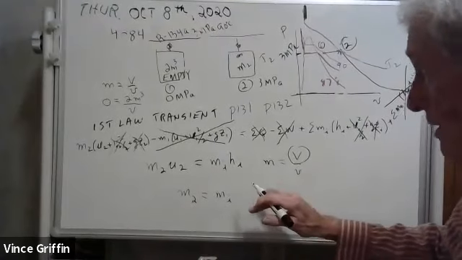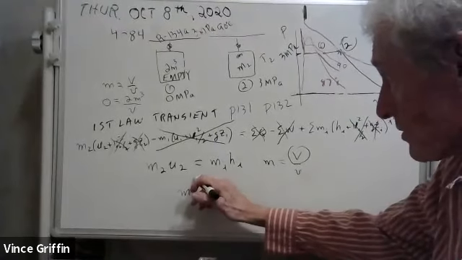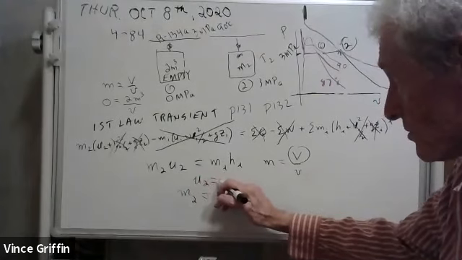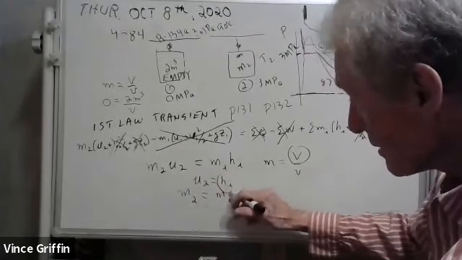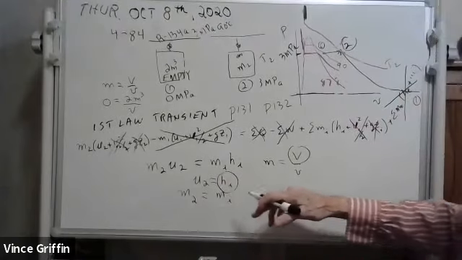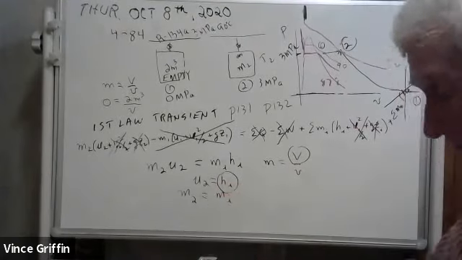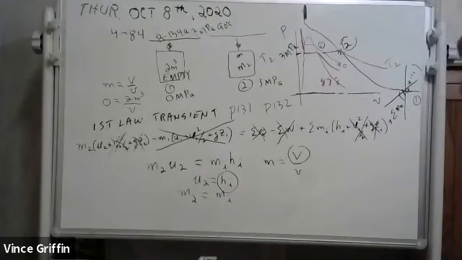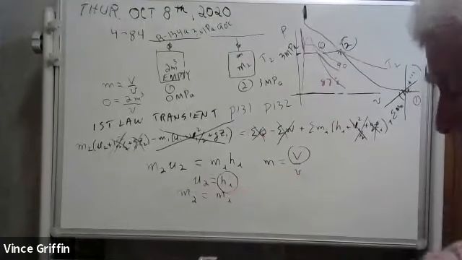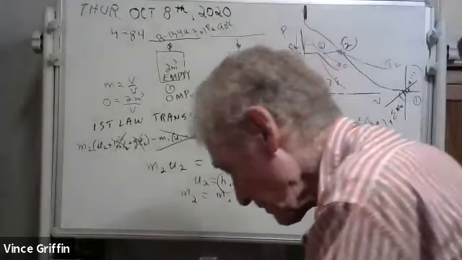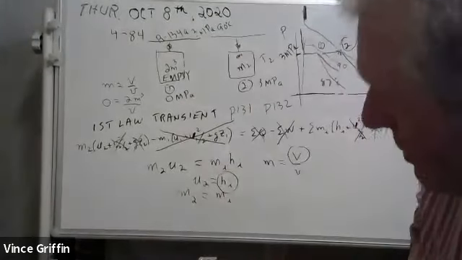And so this equation boils down to a very simple equation, U2 equals HI. And you can look up HI in the tables, get U2 from the tables, because we know the final pressure and you can get the temperature, but we're out of time. But I got you started on it.